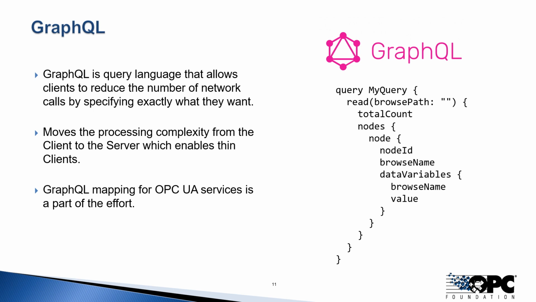Now, it's worth putting a caveat in here. We haven't decided on which query language we're going to use. People have had a lot of success with GraphQL, but there are advantages and disadvantages to other things such as GQL, OData, and we'll be looking at these different options and try to pick one for a primary option while allowing the flexibility for individual applications to use a different one.